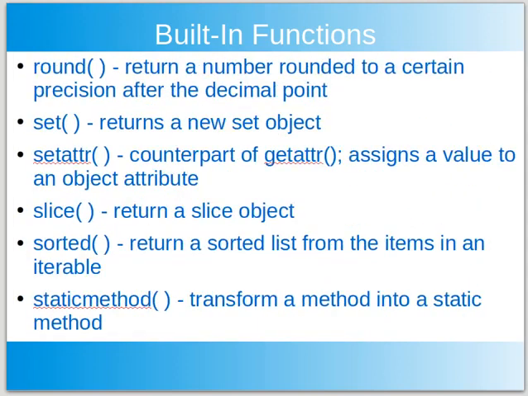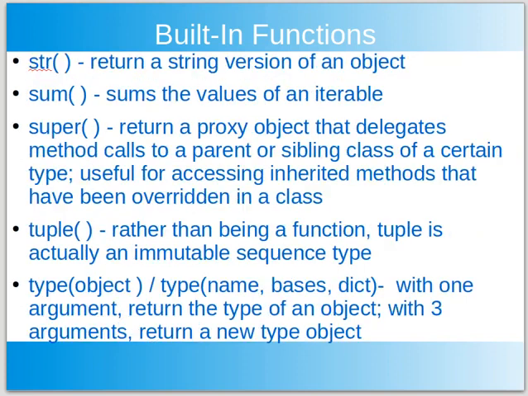So it transforms a function in a class object into a static one. Str returns a string version of an object. Sum sums the values of an iterable. Super returns a proxy object that delegates method calls to a parent or sibling class of a certain type. Useful for accessing inherited methods that have been overridden in a class. Tuple, rather than being a function, is actually an immutable sequence type.